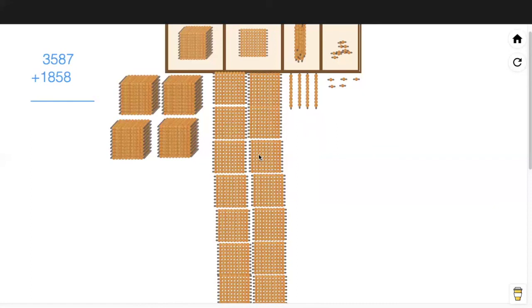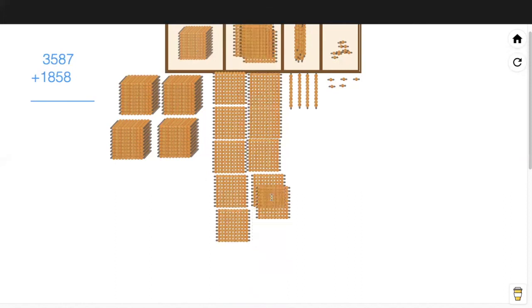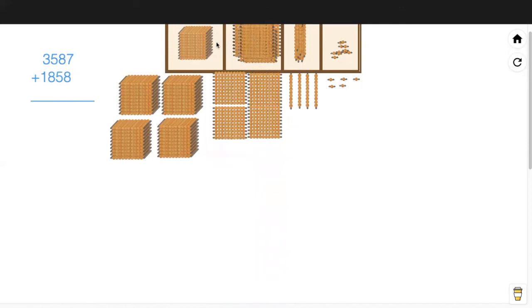Caroline, after I put away my 10 100s, what do I have to do? You have to get 1,000. I have to get 1,000, so let's take them away. 1, 2, 3, 4, 5, 6, 7, 8, 9, 10. Then I get out a 1,000. Caroline, how many 100s do I have left? 4. 4, is that more than 10? Nope. So I'm finished with that part.